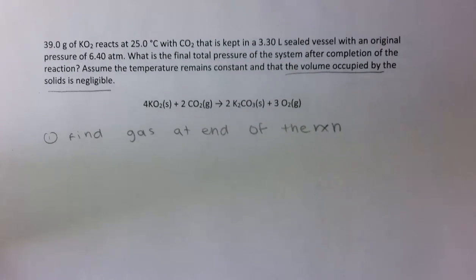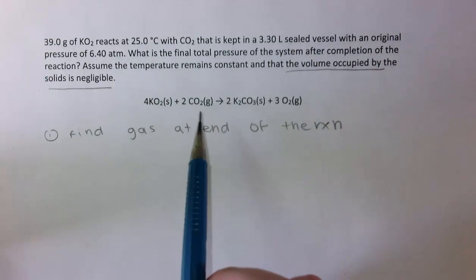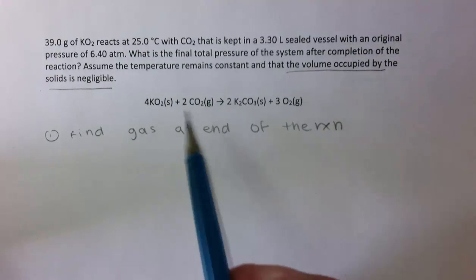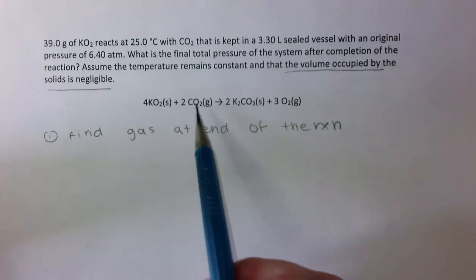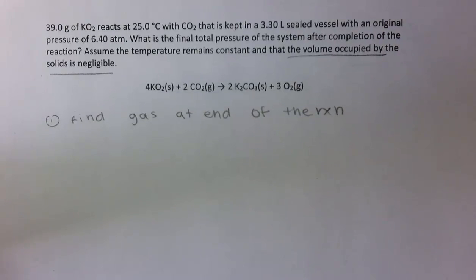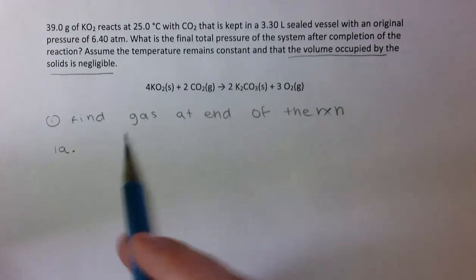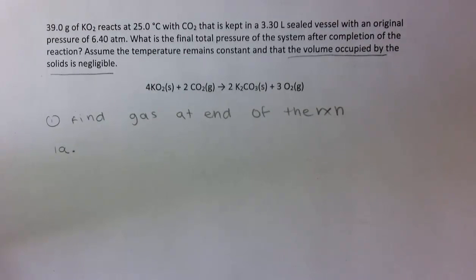So in order to do that, we need to find if there is any left over carbon dioxide, because we know we're producing oxygen, that's a given, but we don't know if carbon dioxide is our limiting reactant or not, because if it's not, we're going to have some excess carbon dioxide at the end of the reaction that also contributes to the pressure. So to do that, let's start with finding the initial amount of KO2 and CO2.